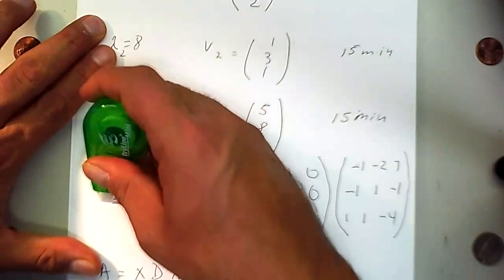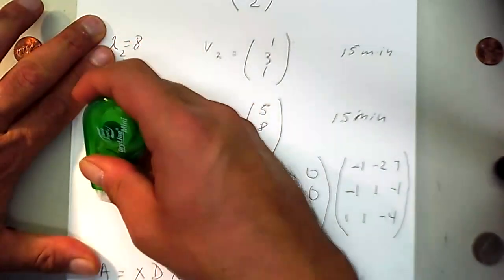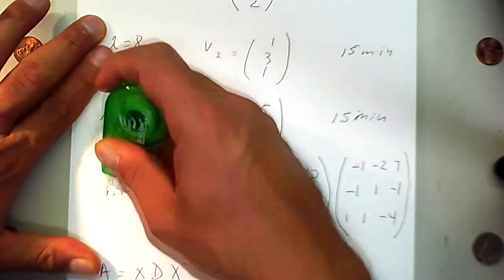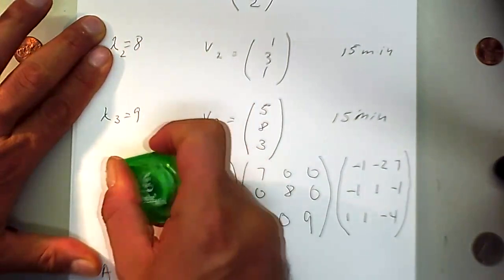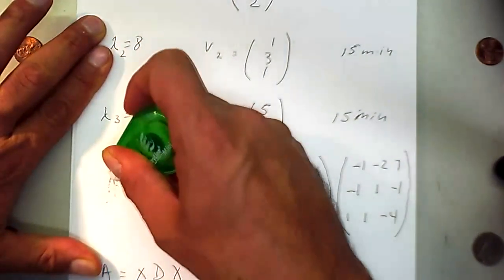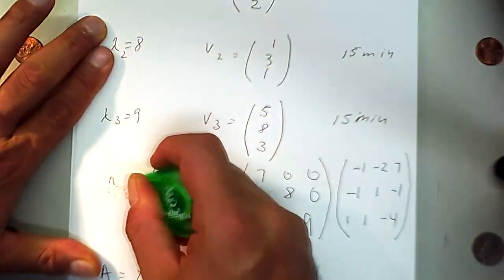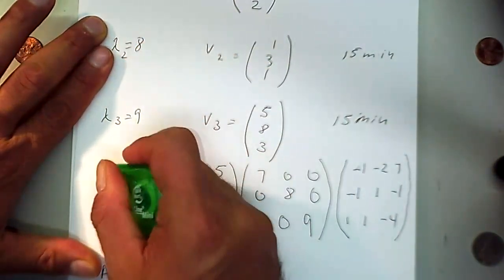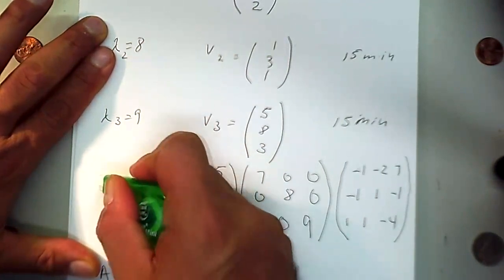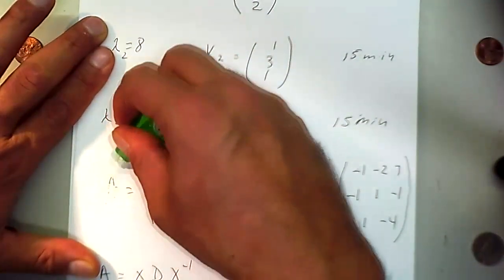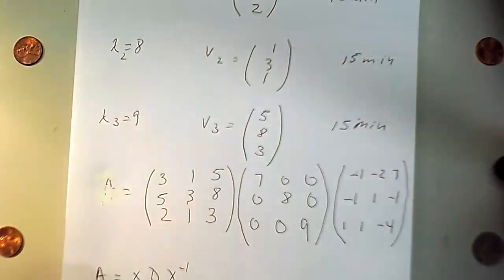This eraser doesn't work. There you go. I want to have a complete matrix notation. The pencil doesn't show too well, I believe, here. So let's erase and just write it out.